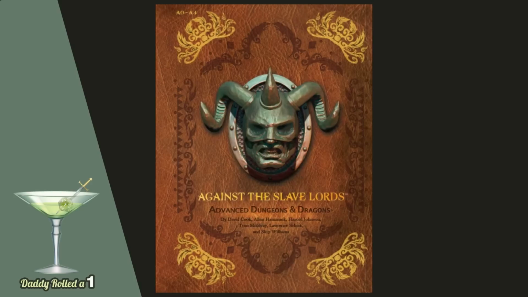It's not the Scourge of the Slave Lords because that was rewritten. This is the original versions of these modules. Plus, they had Skip Williams write an introductory adventure called A0, and that was The Danger at Dark Shelf Quarry. So I was kind of disappointed that they didn't somehow work Slave Lords into the title, because all the other modules, as you see, have something like Slavers, Slave Lords.